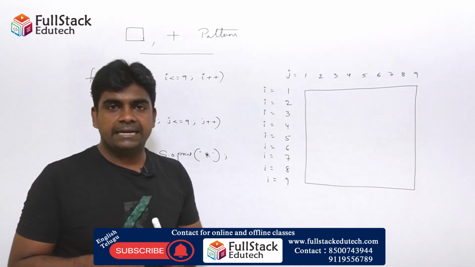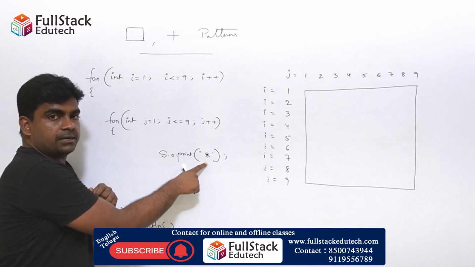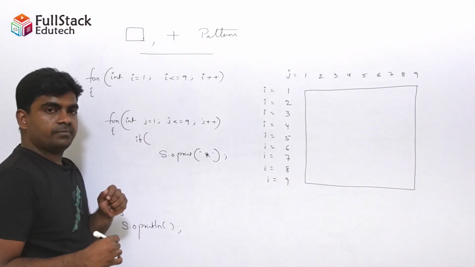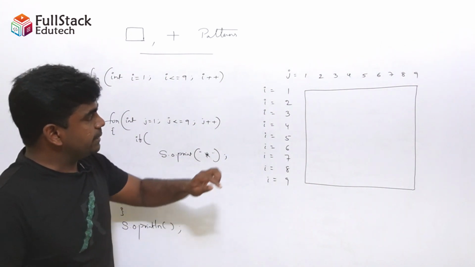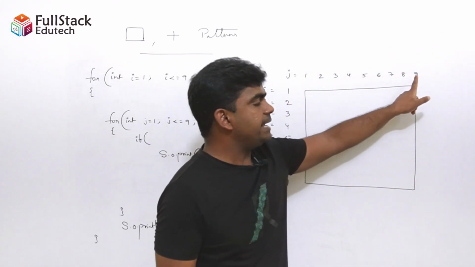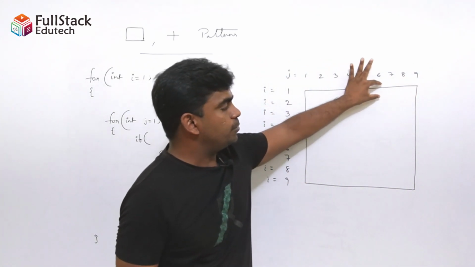Whenever we are printing the star with a condition, rows are represented by i, columns are represented by j. Now I want to display in the first row.